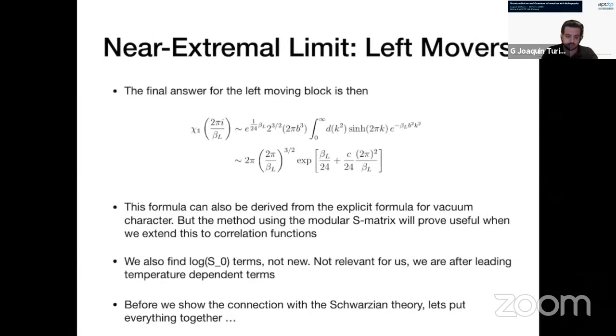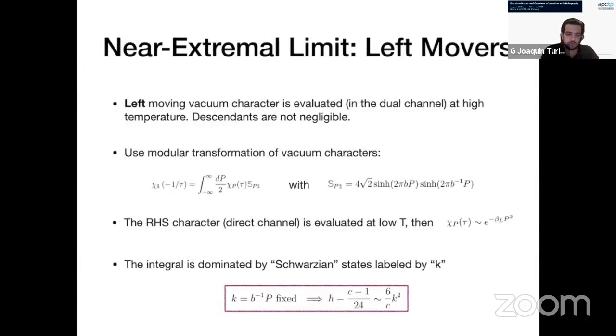Okay, sorry, this is a little technical, but putting all the pieces together, the left moving block is given by this. Let me go back. If I parameterize things in terms of K, which is P divided by B, then this is just sinh of 2 pi K, and this is approximately K, with some powers of B. And here, when you put it here, this will be K squared.